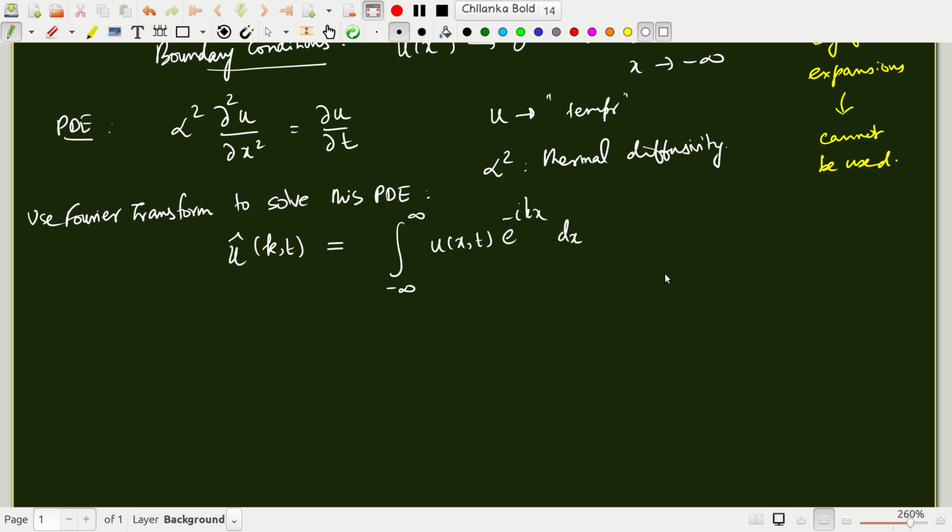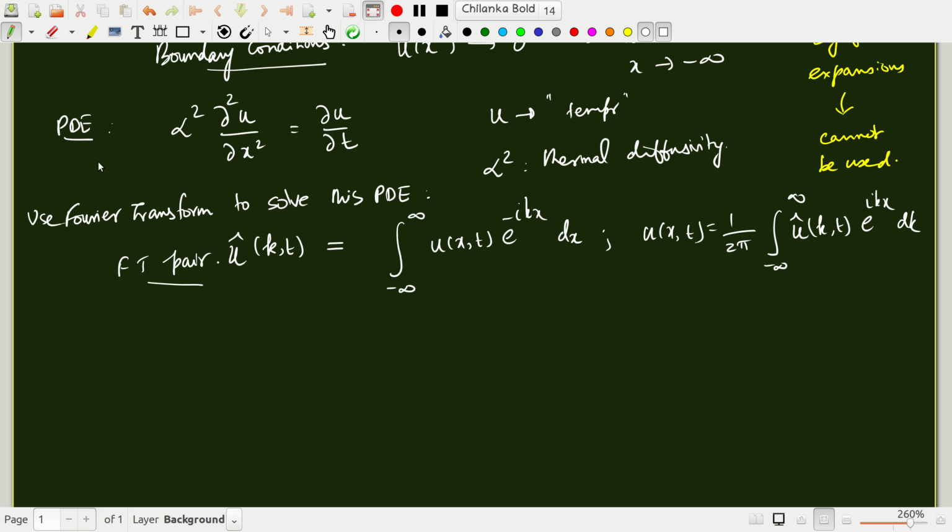And if this is the Fourier transform, the inverse transform u of x, t will be 1 over 2 pi times the integral from minus infinity to infinity of u hat of k, t e to the plus i k x dk. This is the Fourier transform pair.